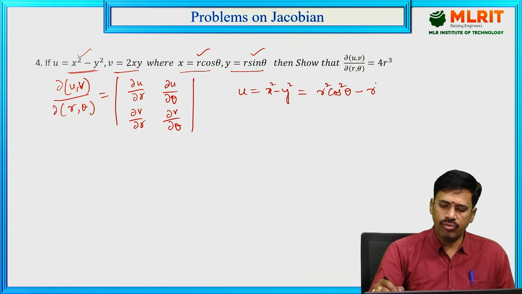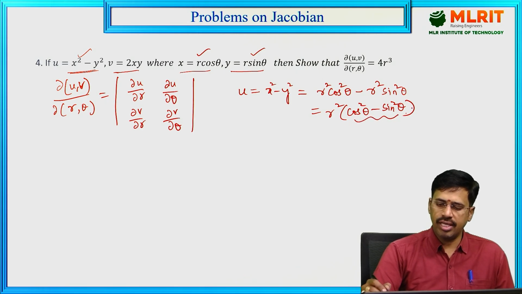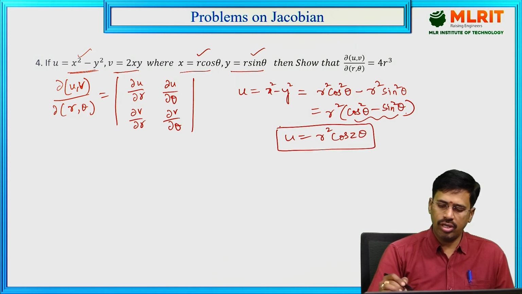I want y square, means r square sin square theta. So this is equal to r square into cos square theta minus sin square theta. Cos square theta minus sin square theta is cos 2 theta. I can write this. So I got u value in terms of r and theta.